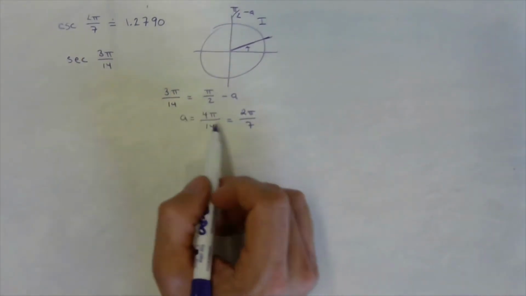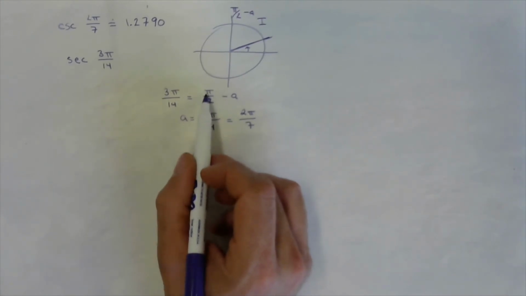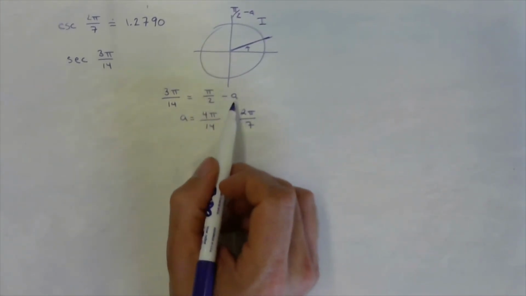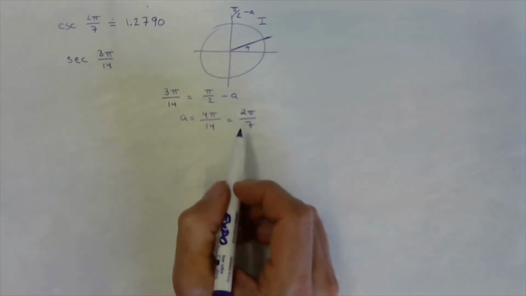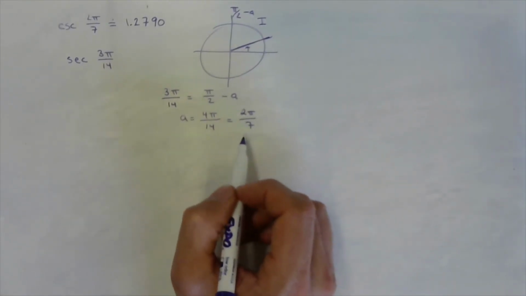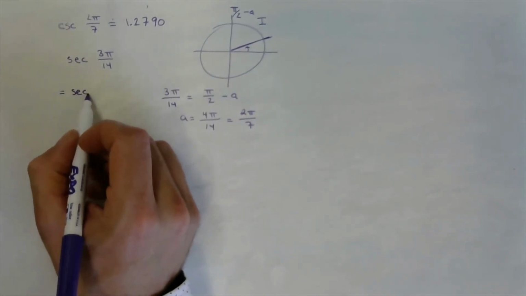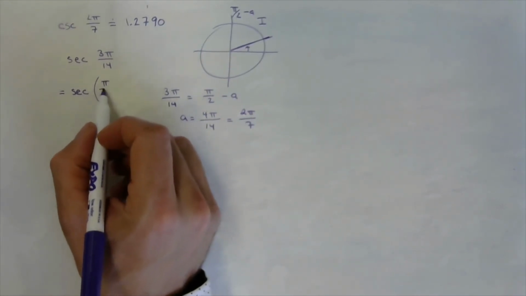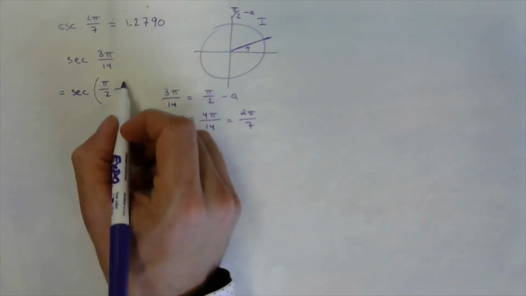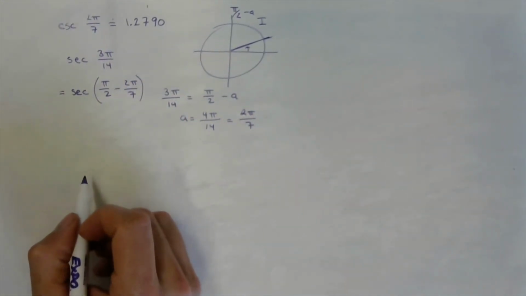If you need to do the algebra on that, you can. You can express this fraction over 14 and rewrite it, add A to both sides and subtract 3 pi over 14 from both sides and carry on that way. You will get that A is 2 pi over 7. So now I can express this as the secant of pi over 2 minus 2 pi over 7. Okay?